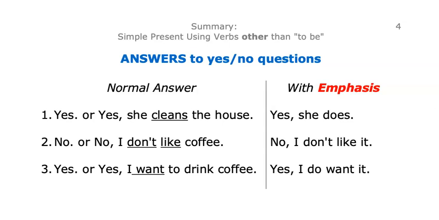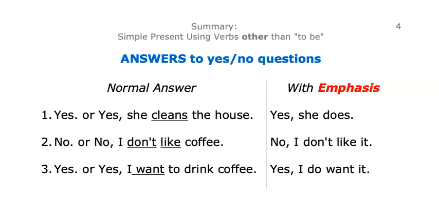So for number 1, does she clean the house? I can answer yes, or I can answer yes, she cleans the house. And notice here, regular simple present verb, or I can emphasize yes, she does.